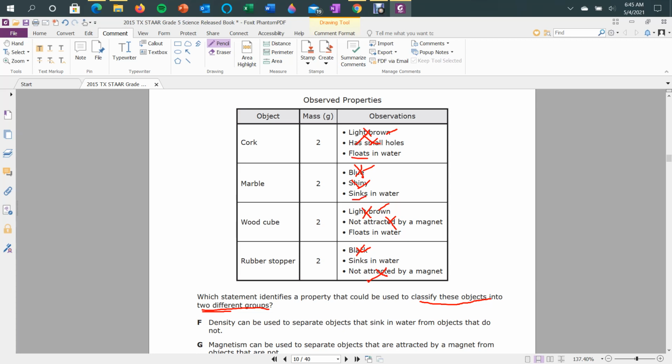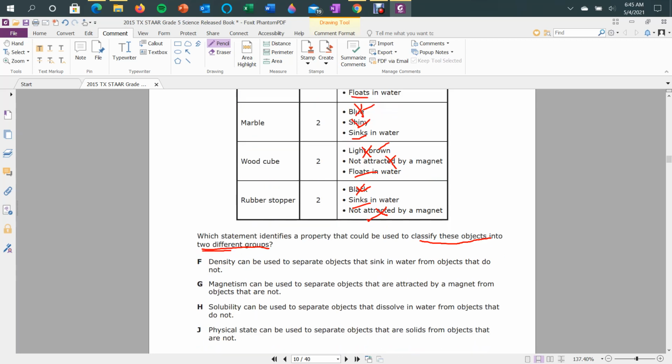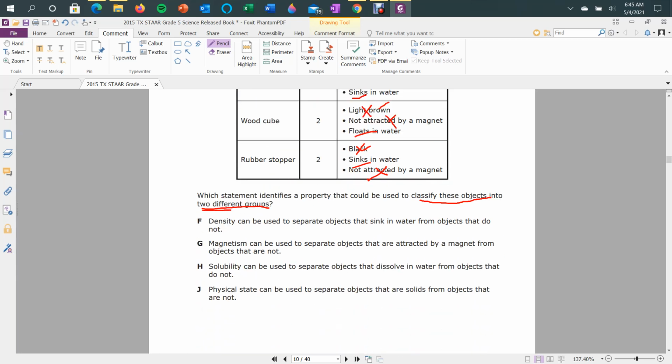Sink, float, sink. 2 different groups. Float and sink, which was talking about what? Relative density. Let's see which one says something about it. Density can be used to separate these objects that sink in water from objects that do not. That's a possibility. Magnetism, we already said we couldn't do that.